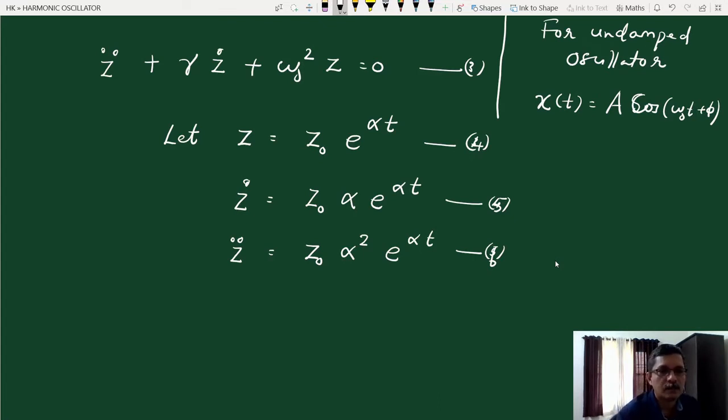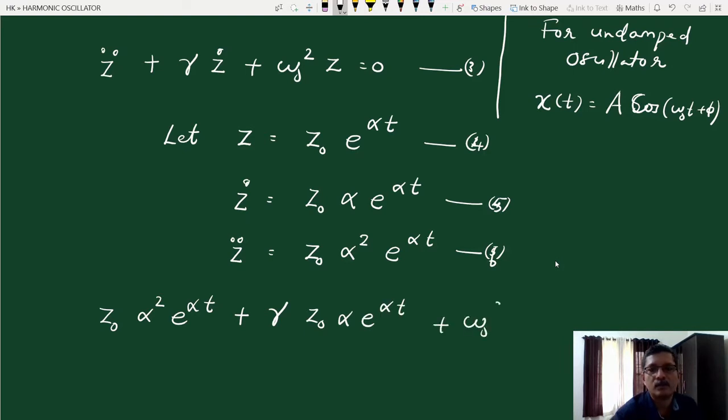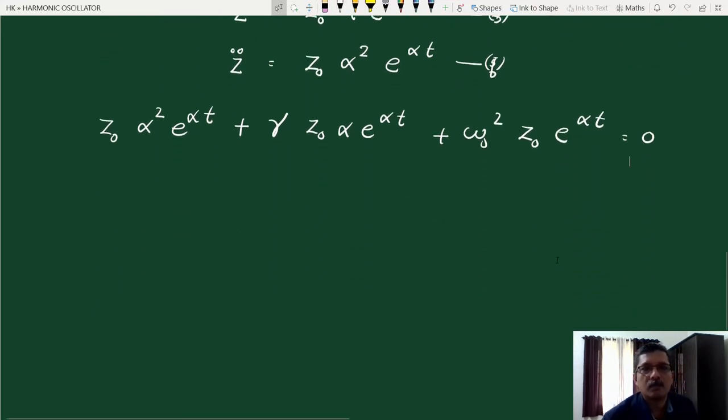So z double dot becomes z0 alpha square e raised to alpha t, plus gamma times z dot, which is z0 alpha e raised to alpha t, plus omega 0 square times z0 e raised to alpha t, equal to 0. e raised to alpha t we can factor out from all the terms.